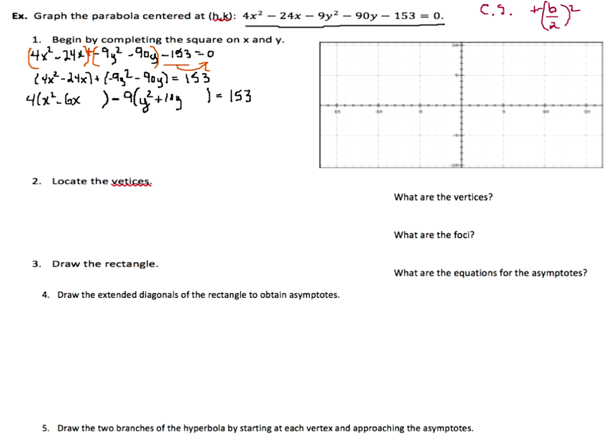So in this case, I have plus (negative 6 over 2) squared. And in this case, I have plus (10 over 2) squared. Okay, so I'm just going to simplify that.